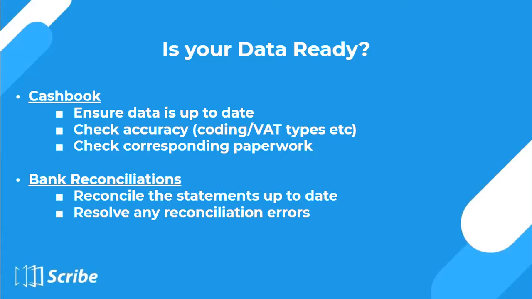However, if your statements end on a different date, it may be easier to use this one. You must, of course, though, make sure that your year-end bank rec goes up to the 31st of March. If you have any reconciliation differences, then also make sure these are resolved. So, for example, if you've been carrying a £10 difference that just hasn't gone away, spend some time now resolving it.